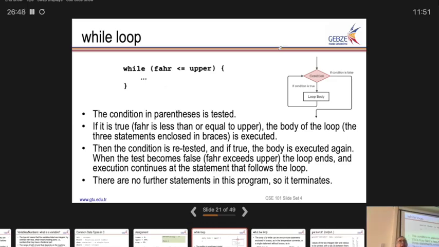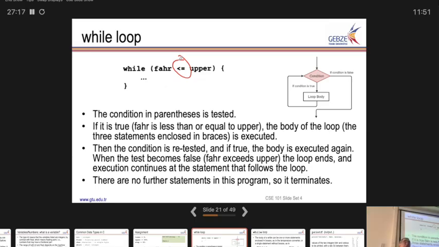So we have the while loop. While Fahrenheit is less than upper, this is the less than or equal to sign. For integer values, equality testing and these tests are okay. For floating point, it is dangerous. Because floating point 5, sometimes it is 5.000001. 5.000000000001 is not equal to 5.